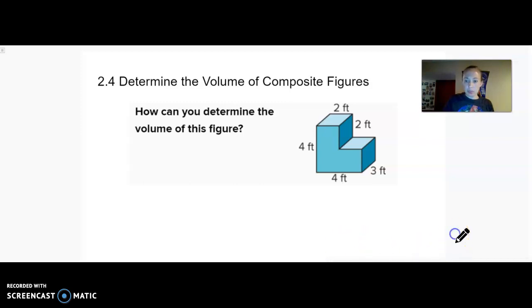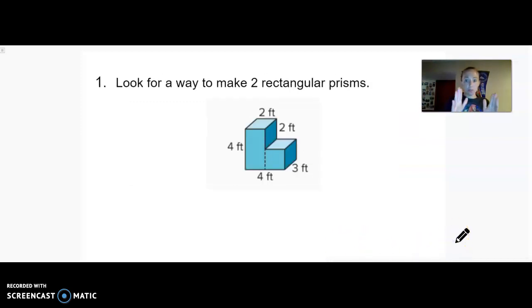All right. The steps that we are going to go over, go ahead and write these on your notes so you can look back at them. Step 1 is look for a way to make 2 or more rectangular prisms. This one happens to be 2. There's a few in your practice and exit slip that are 3, I believe.